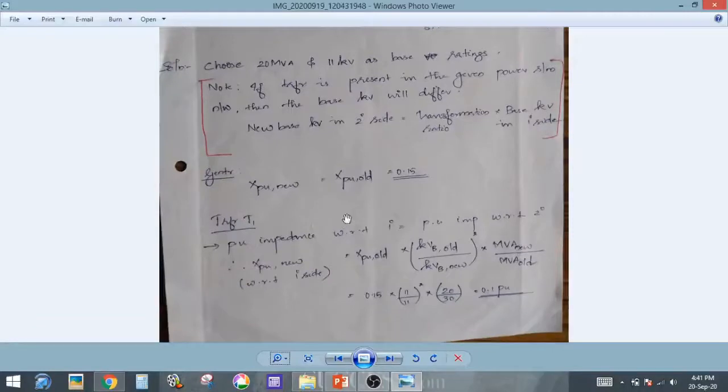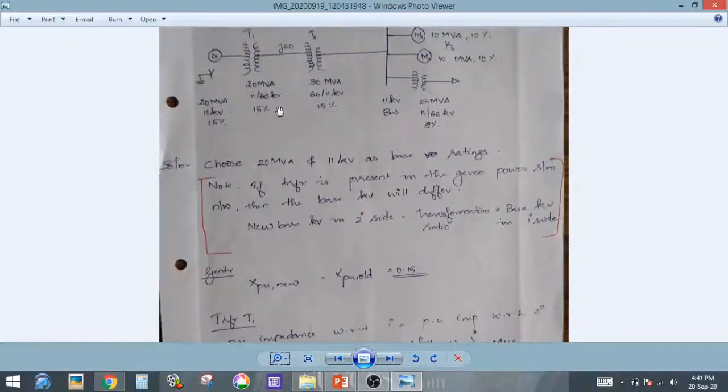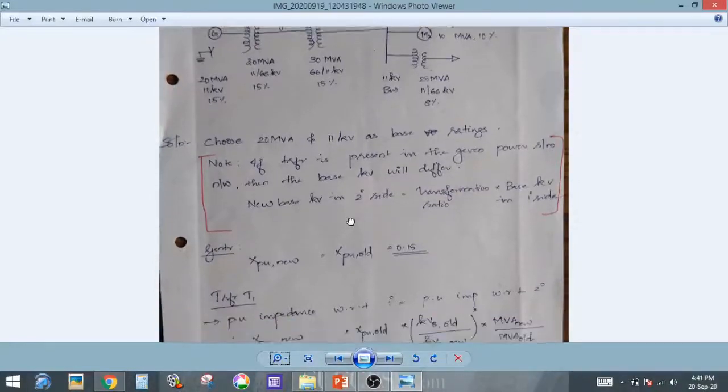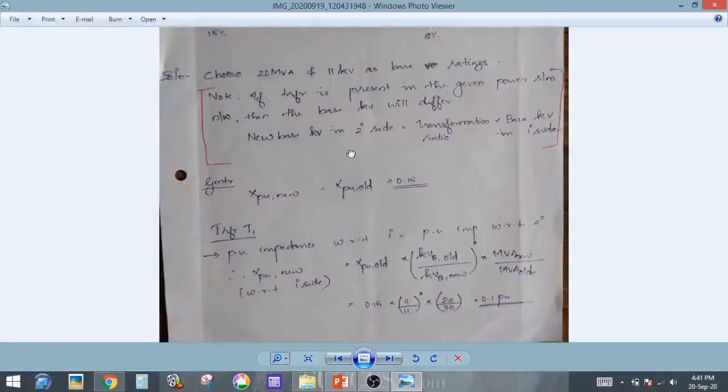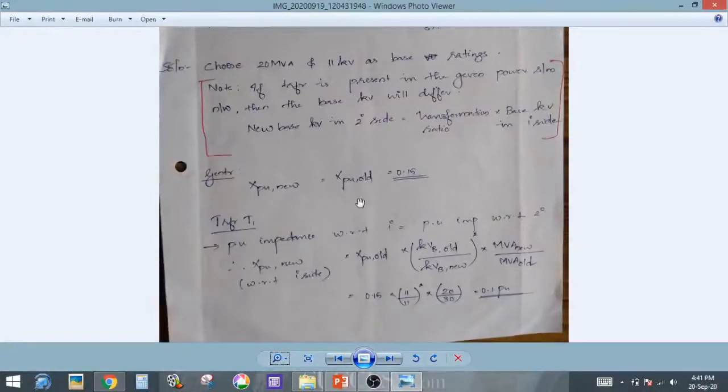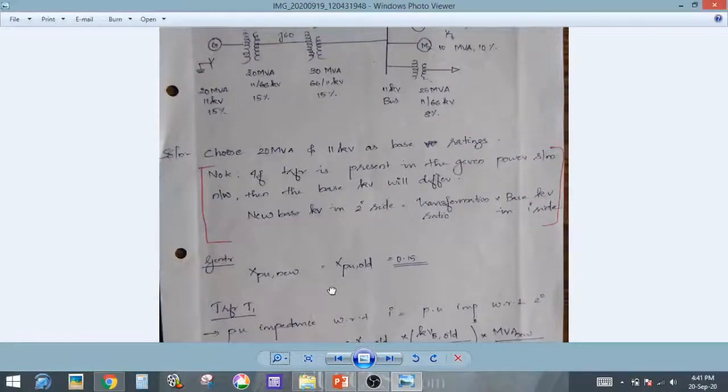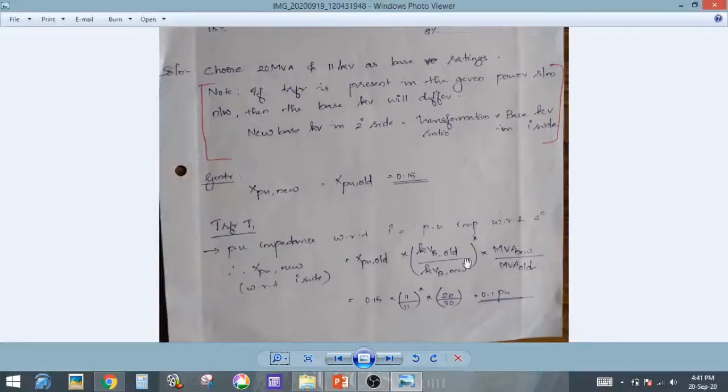And for the transformer T1, this is T1, 30 MVA, 11 by 66 kV, 15% its reactance value. X_pu new equals 15%, that is 0.15, into (base kV old divided by base kV new).